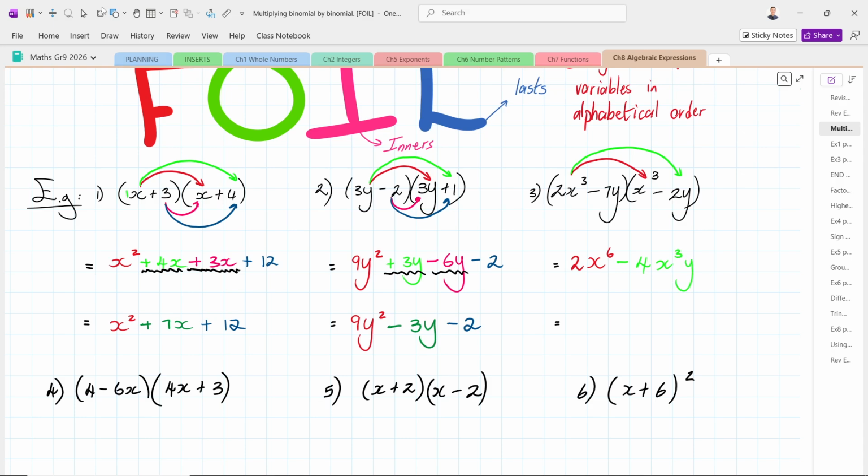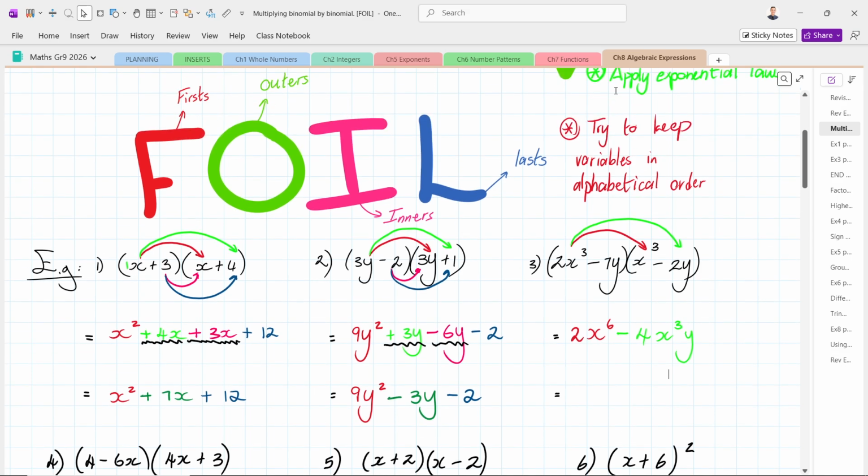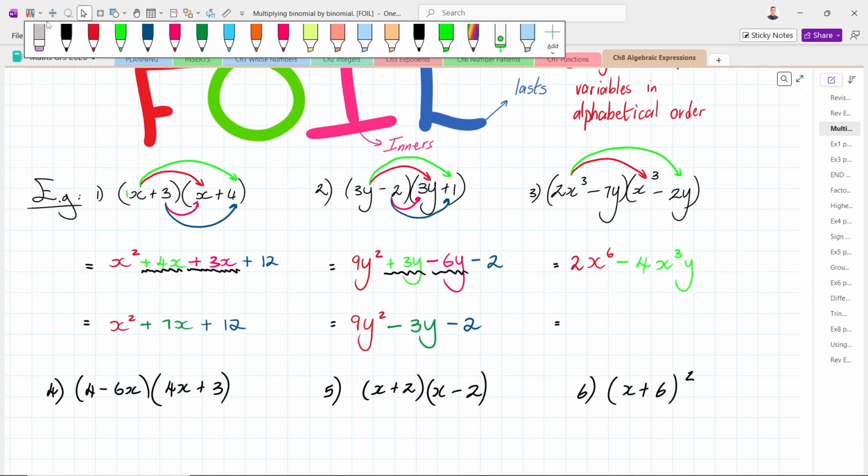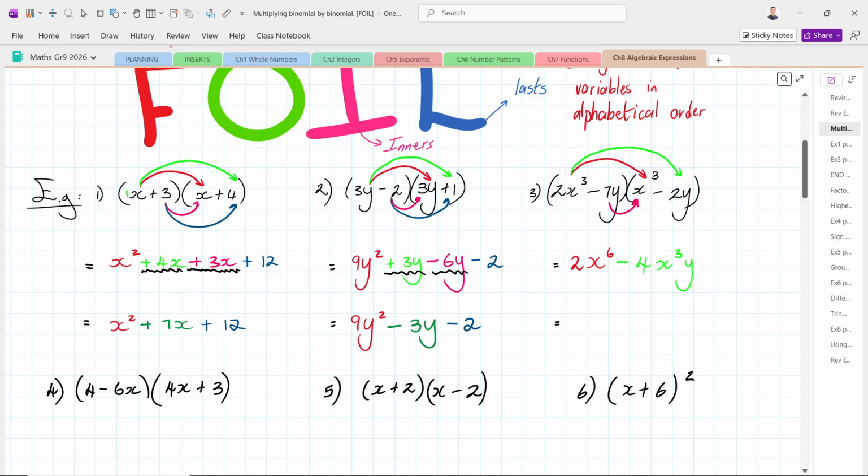Now this is where it's going to come into play, where I asked you to keep your variables in alphabetical order, or at least attempt to, because it is only there to help you. Generally, when you're going to say negative 7y times x cubed, you will say negative times a positive is a negative, 7 times 1 is 7, and then you tend to say y x cubed.